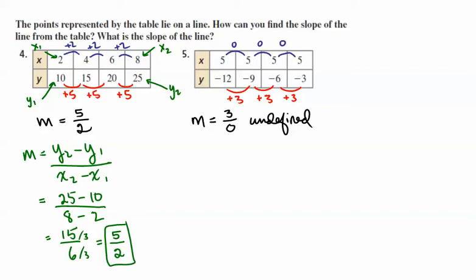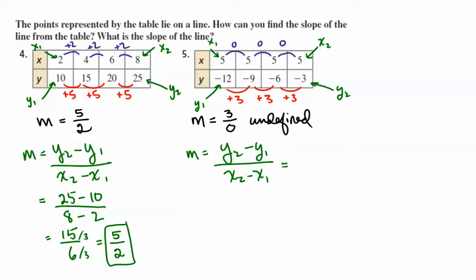Alright, let's calculate that quickly using our formula. We'll call this x1, x2, y1, y2, and so m is equal to y2 minus y1 over x2 minus x1.